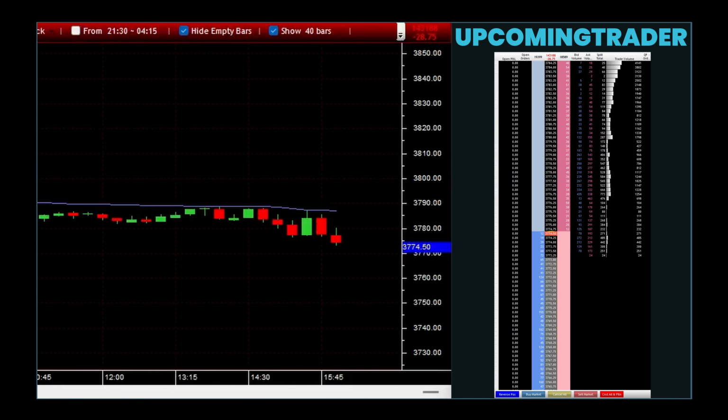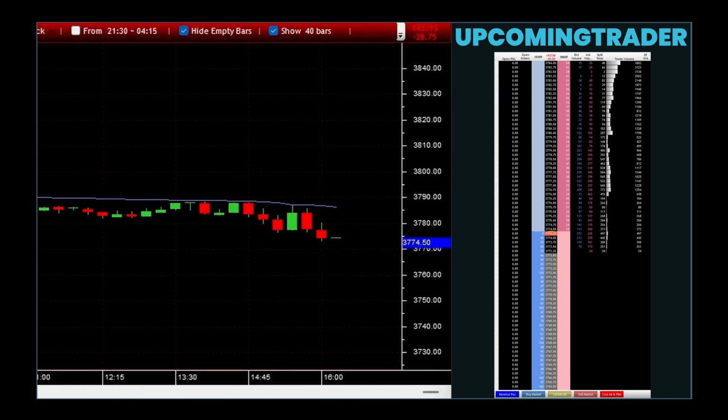Moreover, integrating other technical analysis tools such as volume indicators or moving averages can provide a more comprehensive view, enhancing the decision-making process. In essence, the shooting star is not just a pattern, but a narrative of a shift in market dynamics, signaling traders to reassess their positions and strategies in light of emerging bearish tendencies.